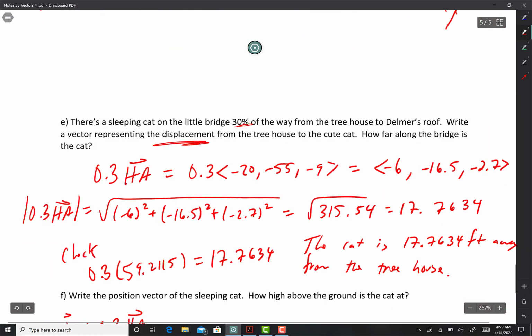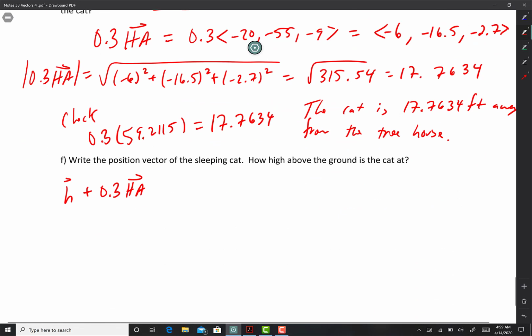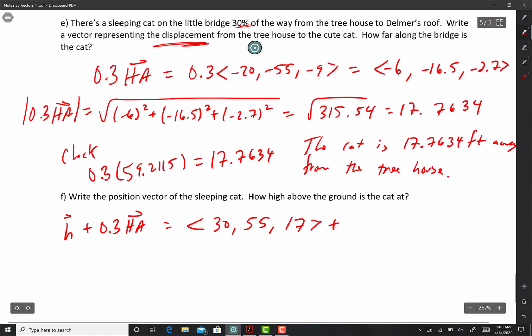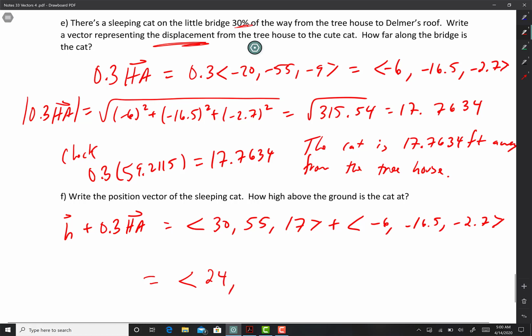And I'm going to add the 0.3 of HA, which I got as negative 6, negative 16.5, negative 2.7. That's going to give me my new position, if you want to think of it like that, guys. 30 plus negative 6 is 24, and then 55 minus 16.5 is 38.5, and then 17 minus 2.7 is 14.3.